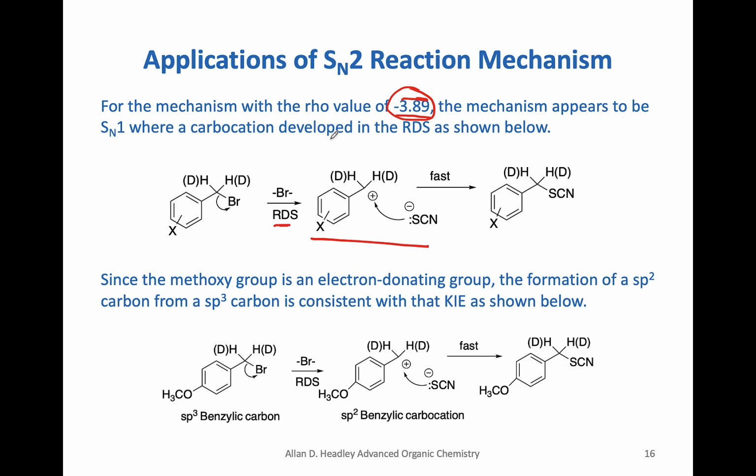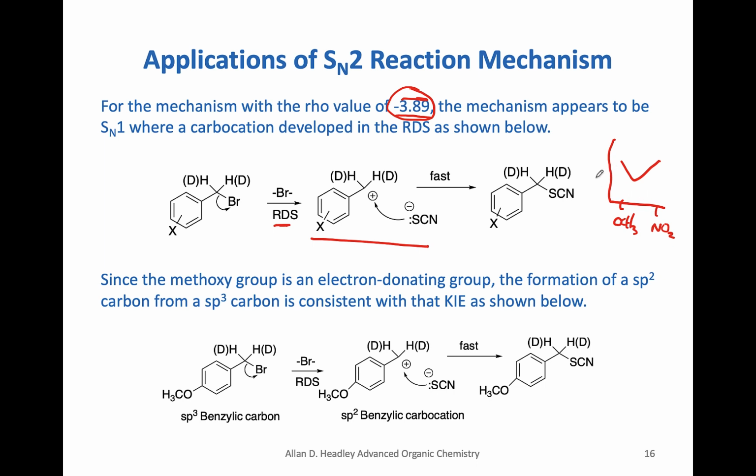If you look at the plot, the electron donating groups would be to the left and electron withdrawing groups would be to the right. So what I'm getting at here is, if you look at a typical plot, it would look like this, where we have electron donating groups such as OCH3 over here, and over here would be electron withdrawing groups such as NO2.